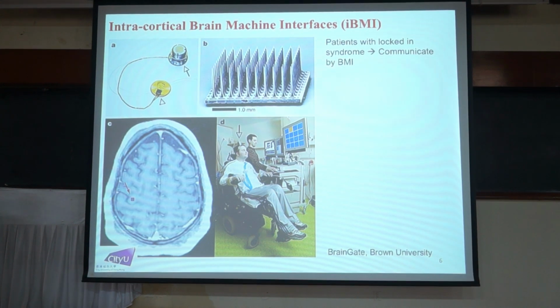Okay? So for example, in this case, the person is being trained on a task where they can move a cursor on a screen, and they can use this to, let's say, communicate by spelling different words, communicate with another person. They cannot speak by themselves. Or they can use this to move a wheelchair, or they can use this to move an artificial arm and so on. Okay? So the connection can be from the brain to any kind of machine. So that's why it's a brain-machine interface.